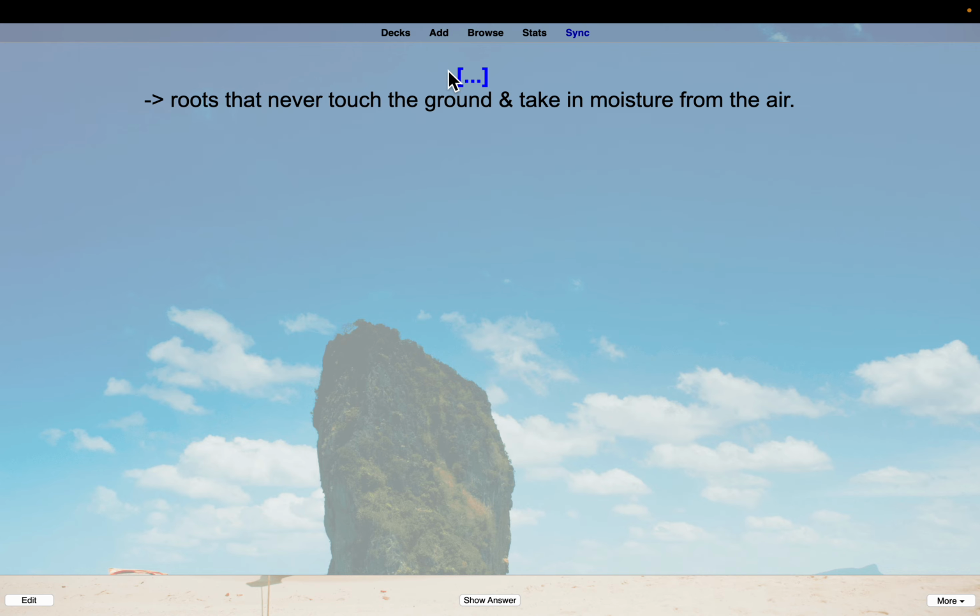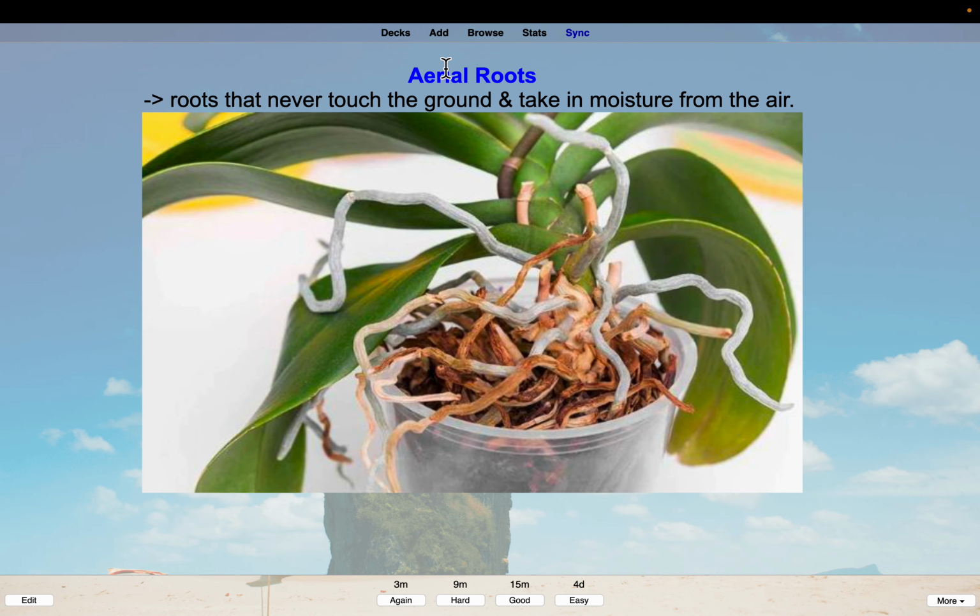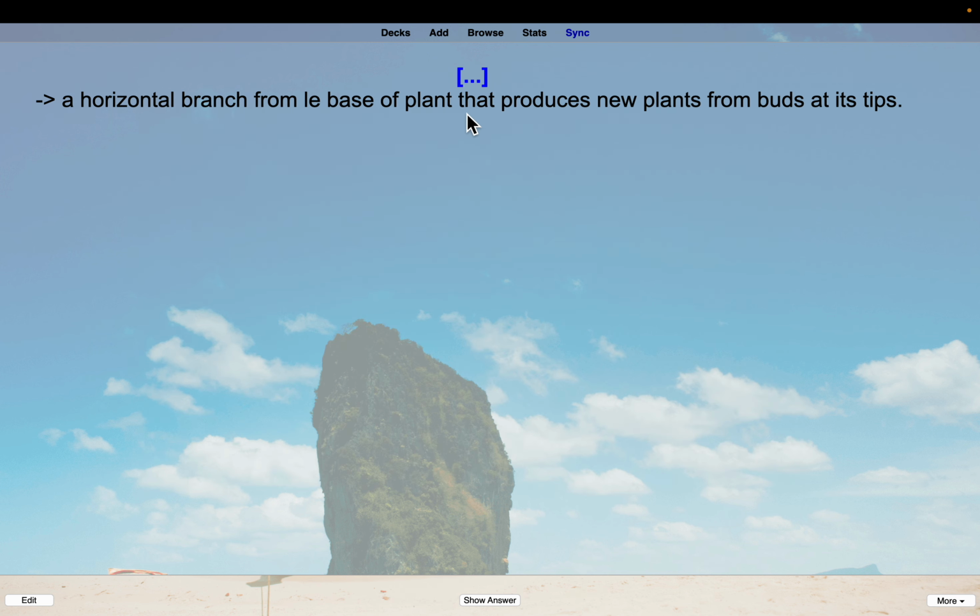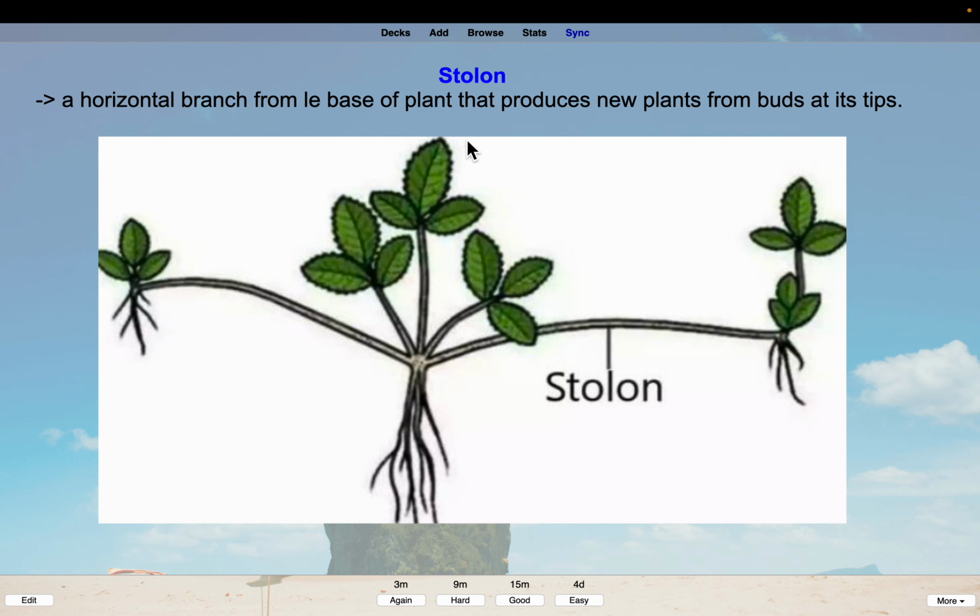Blank roots that never touch the ground and take moisture from the air. Pneumatophores? Just kidding. Nope. Aerial roots. Blank is a horizontal branch from the base of a plant that produces new plants from the buds at its tips. Stolon.